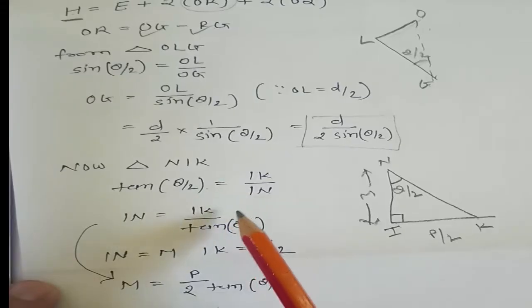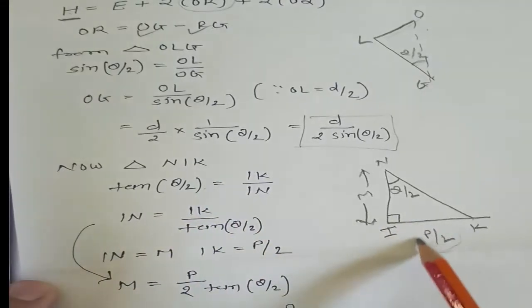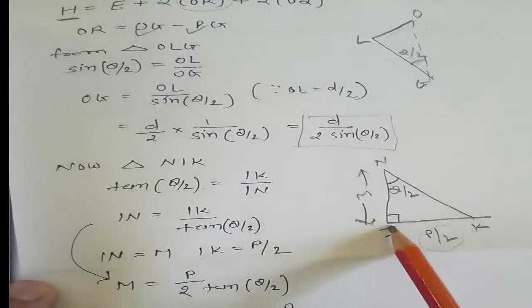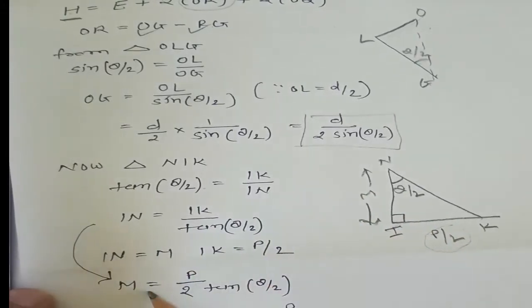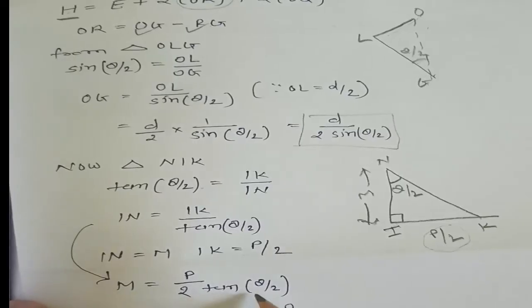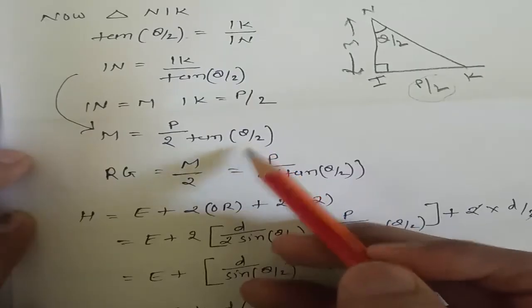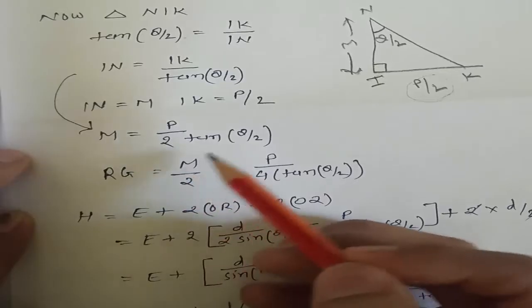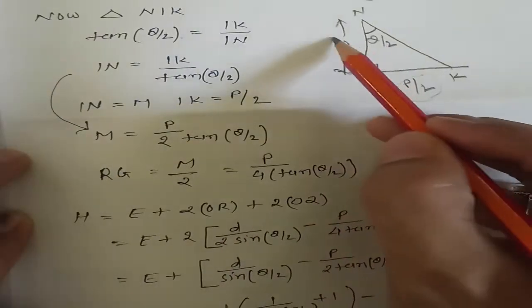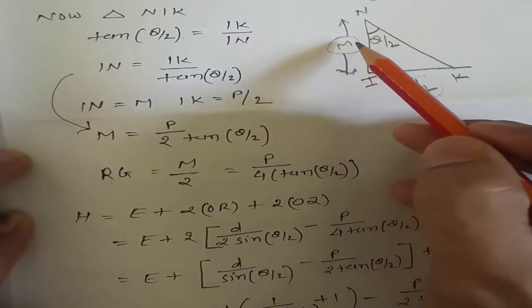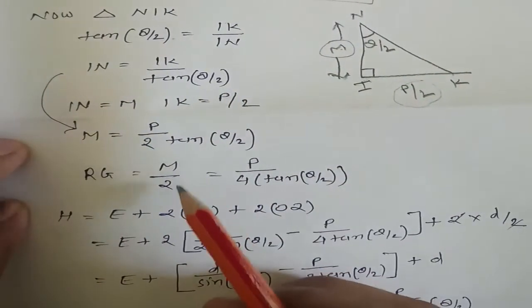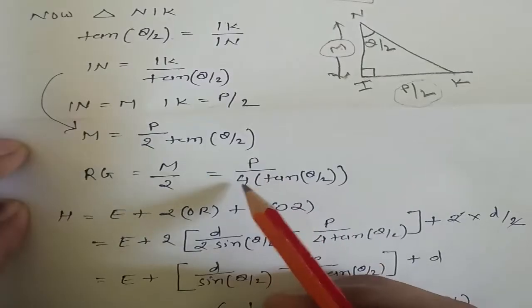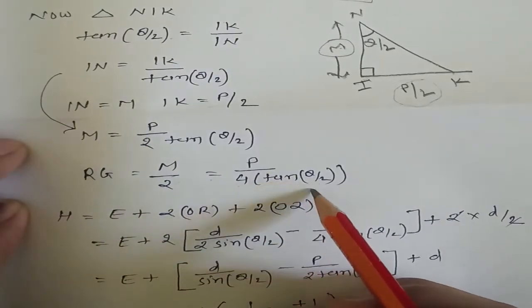IK is equal to P by 2 and IN is M, so M is equal to P by 2 tan theta by 2. RG is equal to M by 2, so RG is equal to P by 4 tan theta by 2.